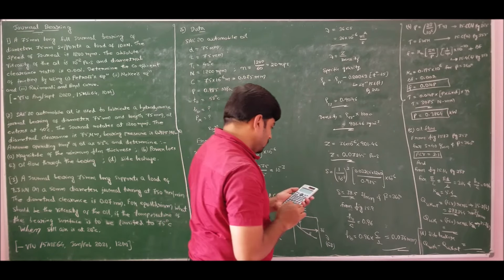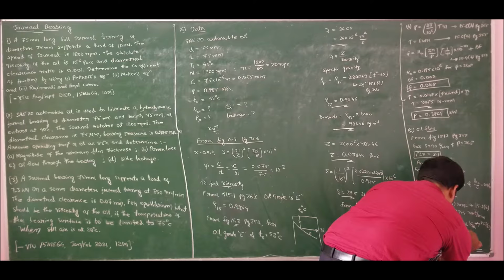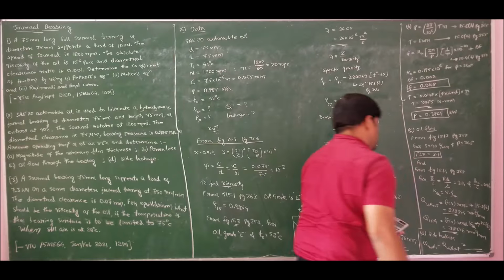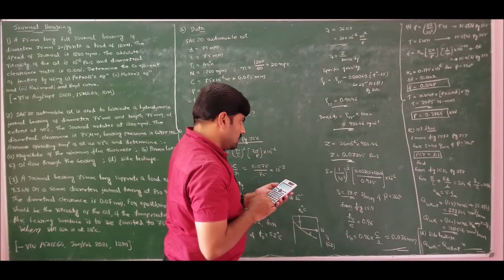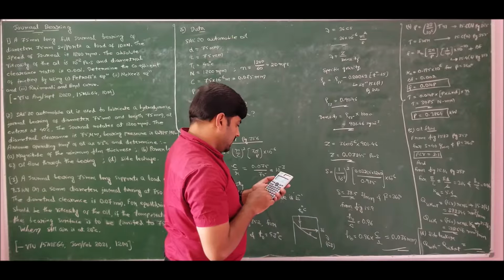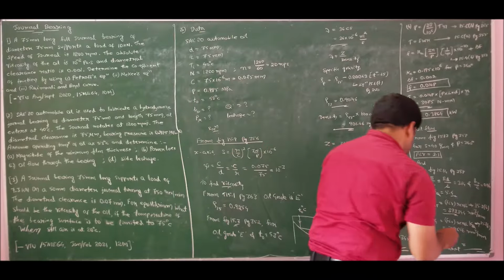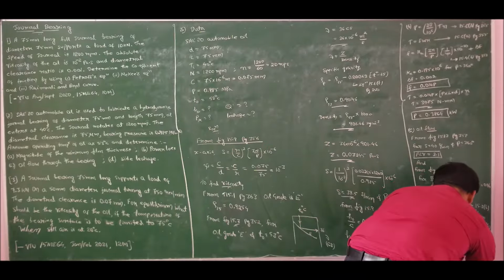The correction factor is 5.4. I'll get flow with leakage as 2,118,656 millimeter cube per minute. Hence the difference is the leakage, that is this answer minus 392,344, which turns out to be 1,726,312 mm cube per minute.